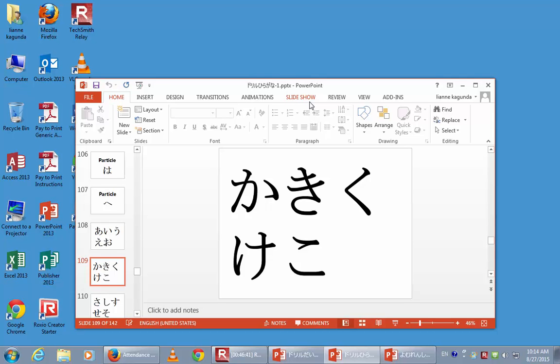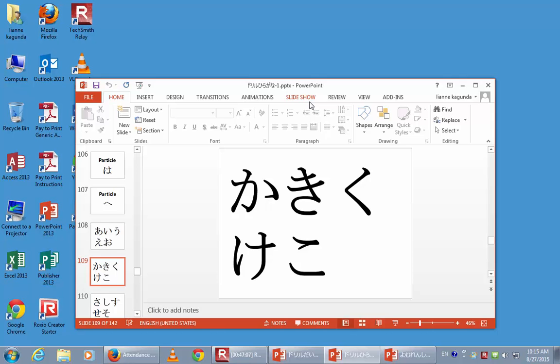Daigakusei. Okay, so we had daigaku earlier. Daigaku meant college. Sei is a suffix that when you add it on, it means student. So daigakusei means college student. Ryugakusei.